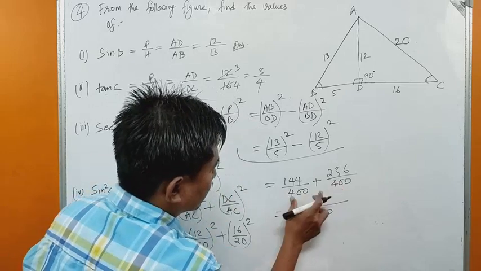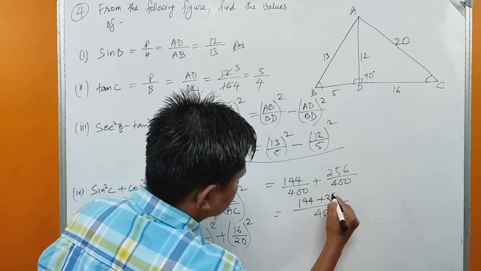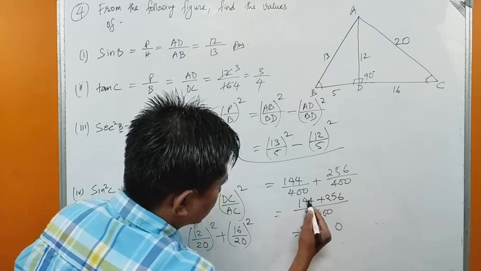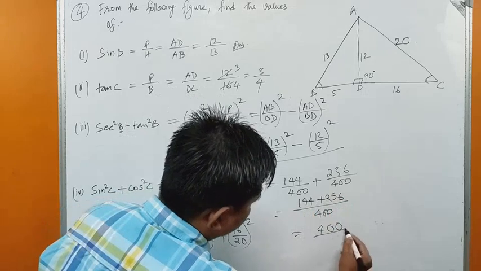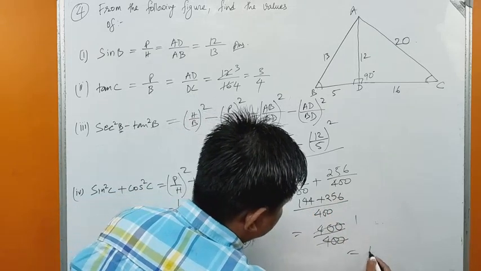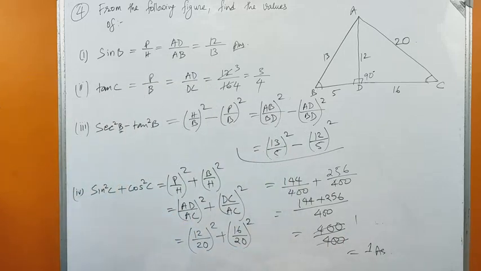When the denominators are equal, we write the numerator as it is: 144 plus 256. 6 plus 4 is 10, 5 plus 4 is 9, plus 1 is 10, 2 plus 1 is 3, plus 1 is 4. 400 upon 400, so 1. So the answer for question number 4 is also 1.